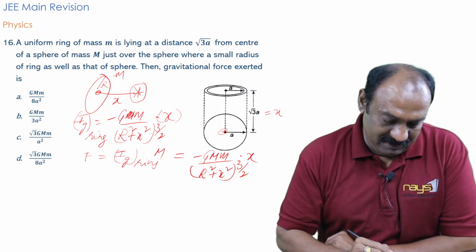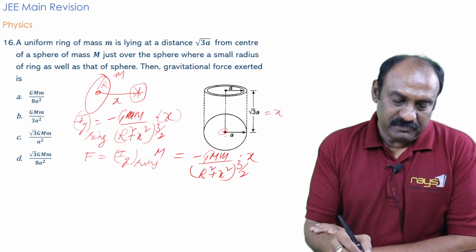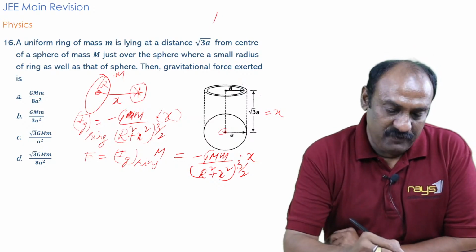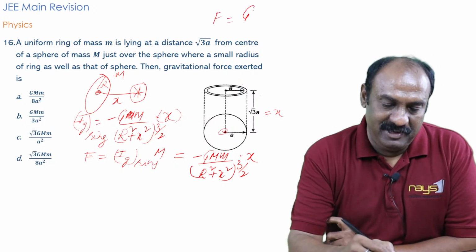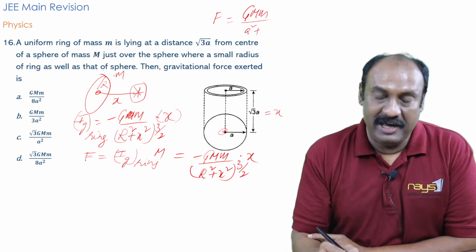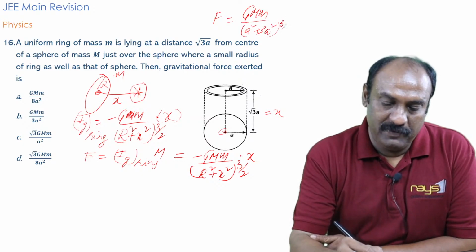Therefore the force experienced by the sphere due to the ring is, considering the magnitude, GMm by (r square is a square plus x square is root 3a whole square, that is 3a square) whole to the power 3 by 2 into x, which is root 3a.